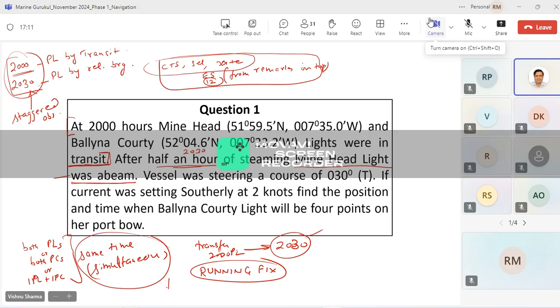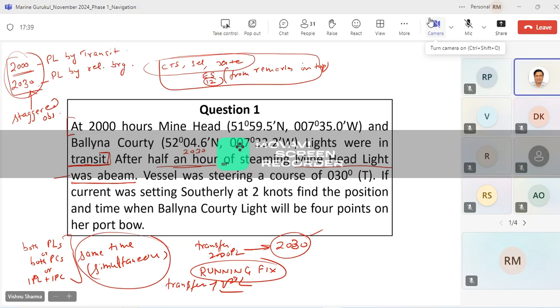So this one involves transfer of PL. Now, guys, when you have to transfer the PL, we can take any point on the first PL of your choice, no issues. We say transfer that point by 30 minutes.